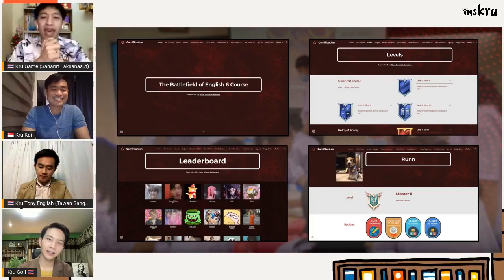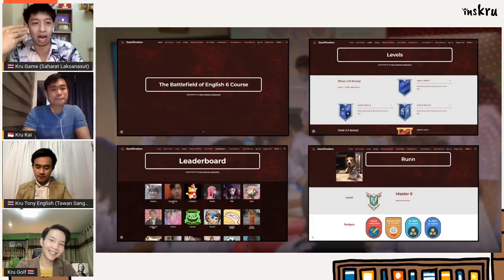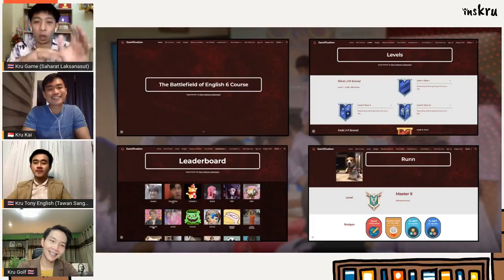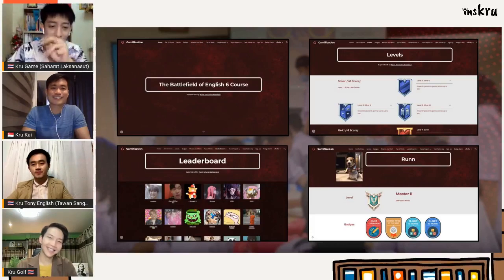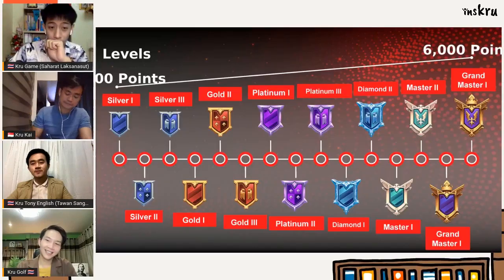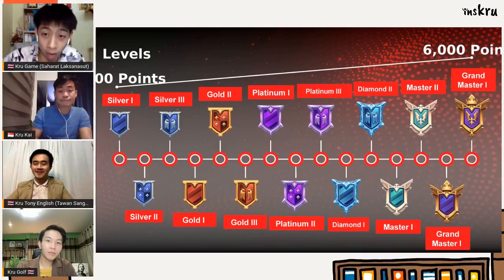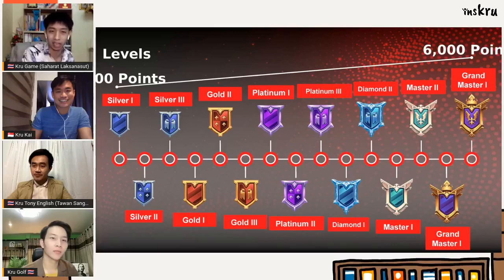And during the semester, during the lesson, they will collect scores continuously, and the score will affect their levels. Each student goes from Silver 1 to the highest, Grandmaster 1, according to the score that they receive in the classroom.